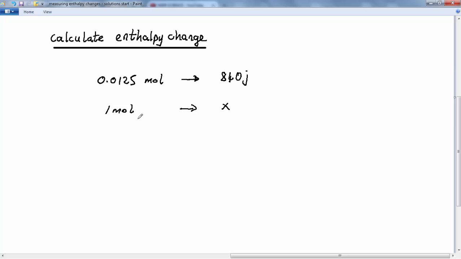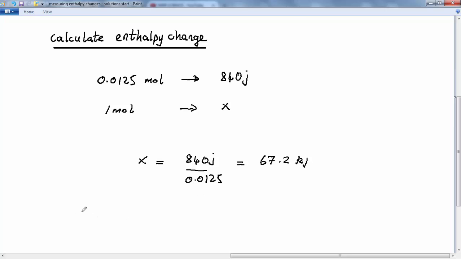So the question is, how much energy is released when 1 mole of copper is displaced from the copper sulfate solution? Alright, just play around with that rule of 3 and you'll see that X is equal to 840 joules divided by 0.0125, which equals 67.2 kilojoules.